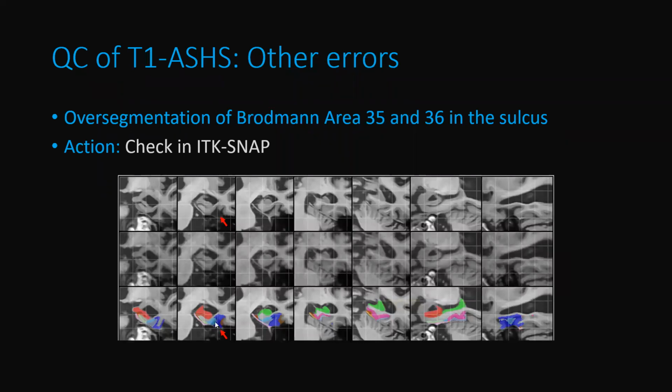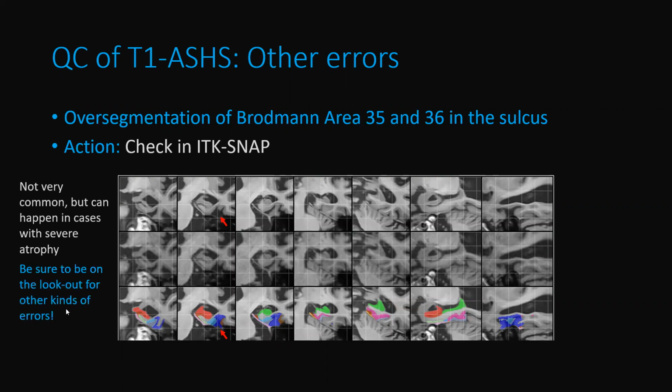So there's clearly light and dark blue label in the sulcus as well. There's no gray matter. This is not very common, but it can definitely happen in cases with severe atrophy. So I just want to make the point that you should not just be looking out for the 3 errors that I mentioned, but also for other kinds of errors that might be specific to your data set.